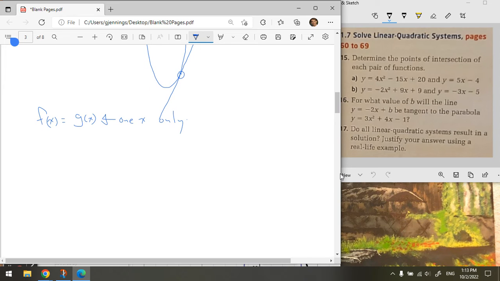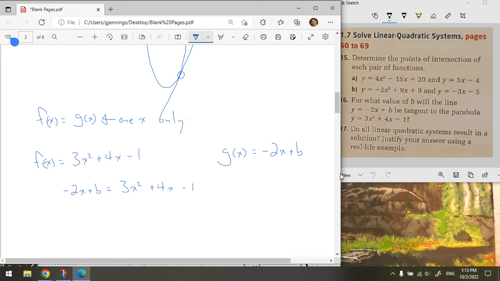Okay, we have f of x equal to 3x squared plus 4x minus 1, and g of x equal to negative 2x plus b. Set them equal to each other: negative 2x plus b is equal to 3x squared plus 4x minus 1.